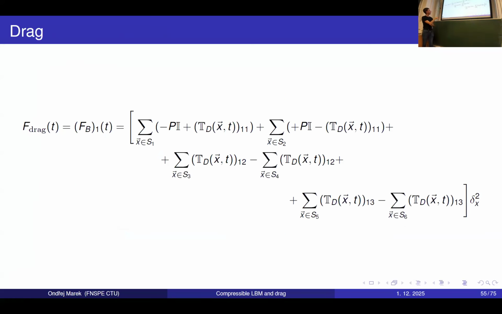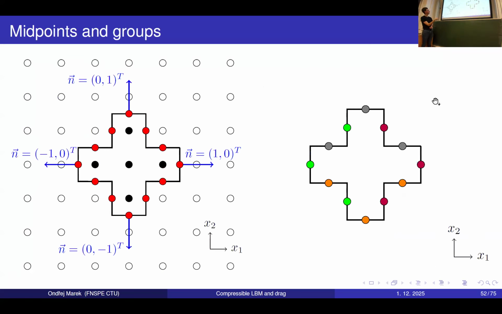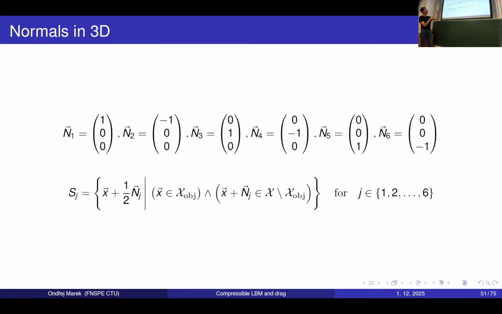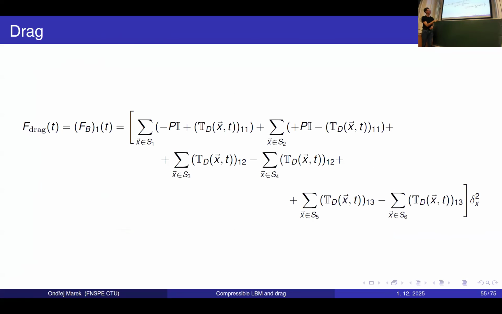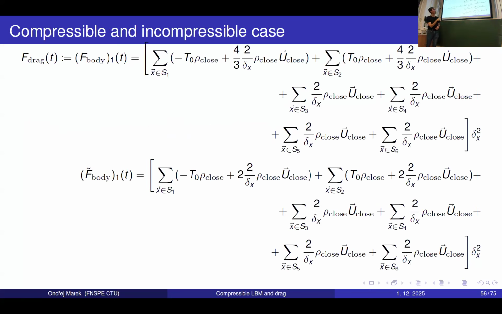And we can write the direct force from the groups, approximating the integral and splitting it into the groups. Two groups, S1 and S2, have the vectors 1, 0, 0 and minus 1, 0, 0. Those in the direction of the flow are added with the pressure times the identity, and the other ones are just with the dynamic stress tensor.